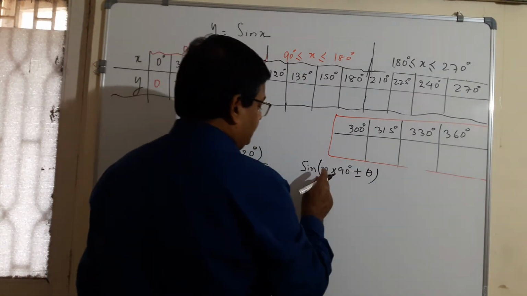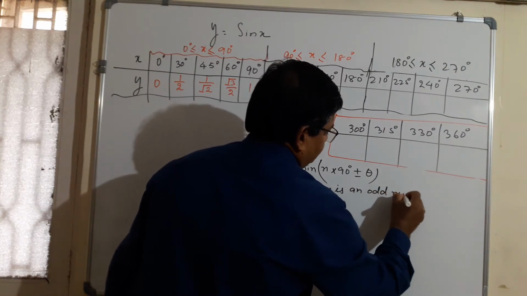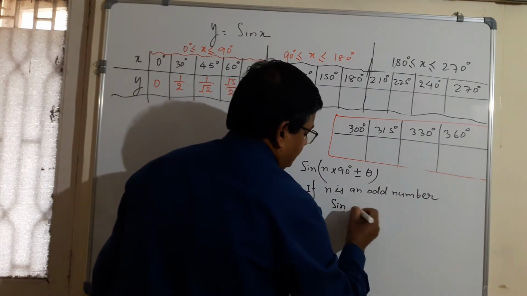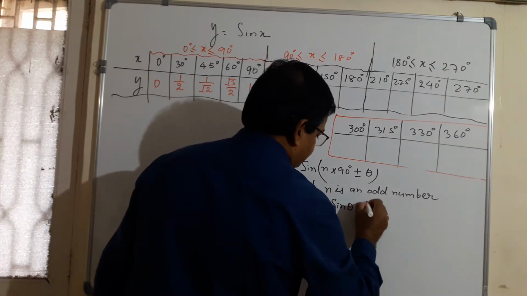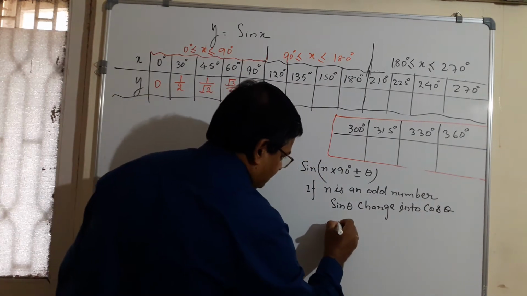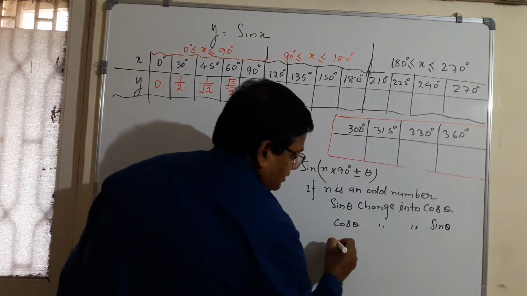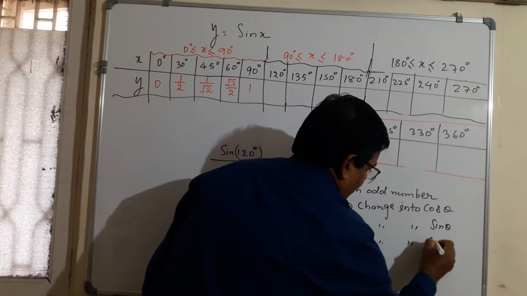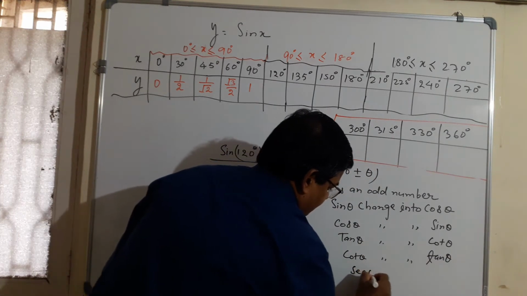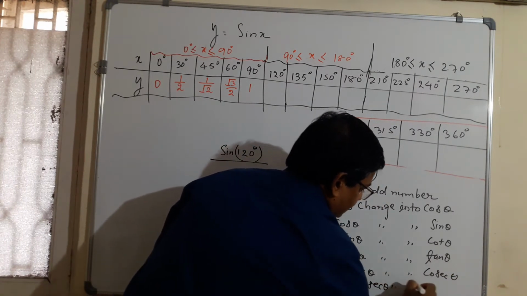If n is an odd number, sin theta changes into cos theta, cos theta changes into sin theta, tan theta changes into cot theta, cot theta changes into tan theta, sec theta changes into cosec theta, cosec theta changes into sec theta.